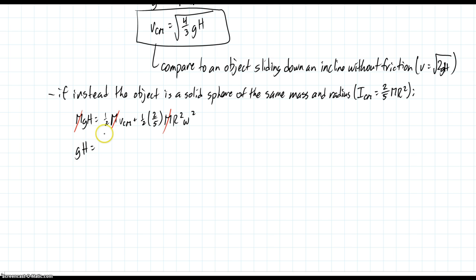And here we have gh equals 1/2 v squared plus 1/5 v squared, or gh equals 7/10 v squared. So v equals the square root of 10/7 gh.